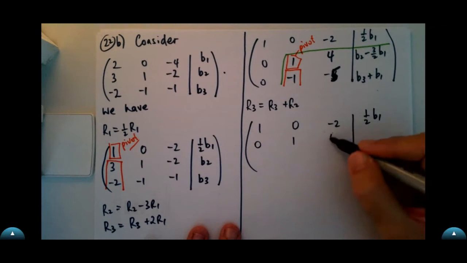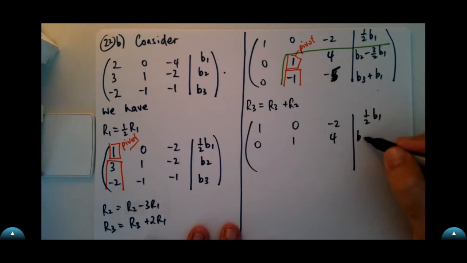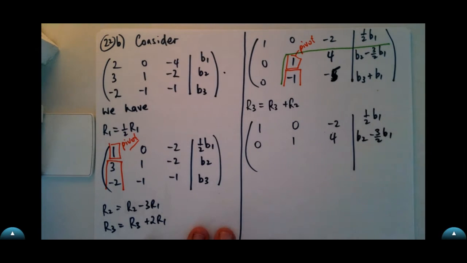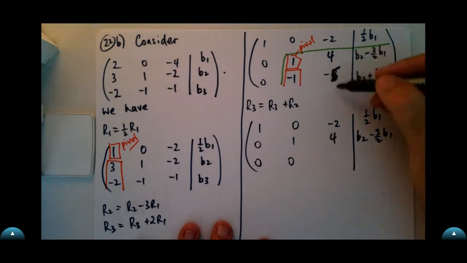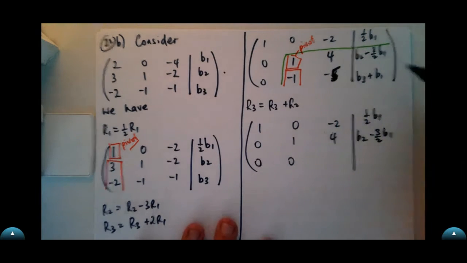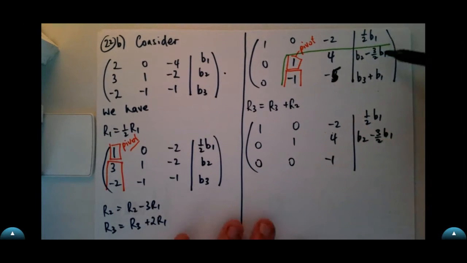Okay, so we're not changing anything to do with row 2. Row 3 is where we're going to see the change. So that's 0. That's going to be 0. This will be -1, and we're adding this to this.